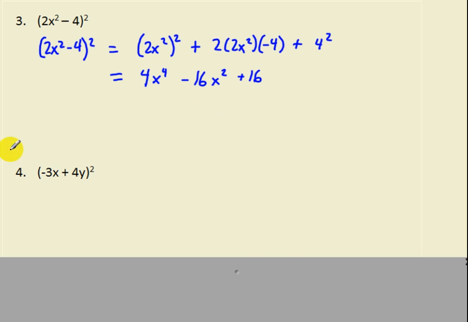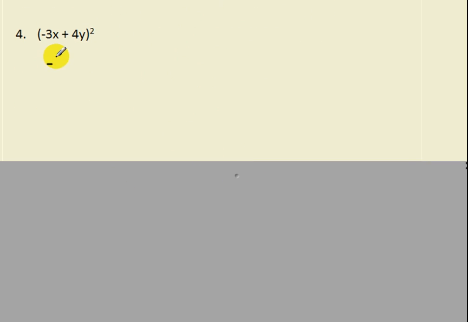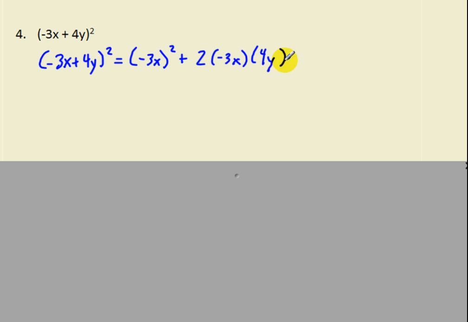All right. Let's look at number 4. Here we have (negative 3x plus 4y), and we're going to square that whole thing. So we'll take the first term, square it, plus 2 times a, which is negative 3x, times b. So notice we have two variables showing up here, but that's okay, 4y, and then plus our last term, 4y, is going to be squared.